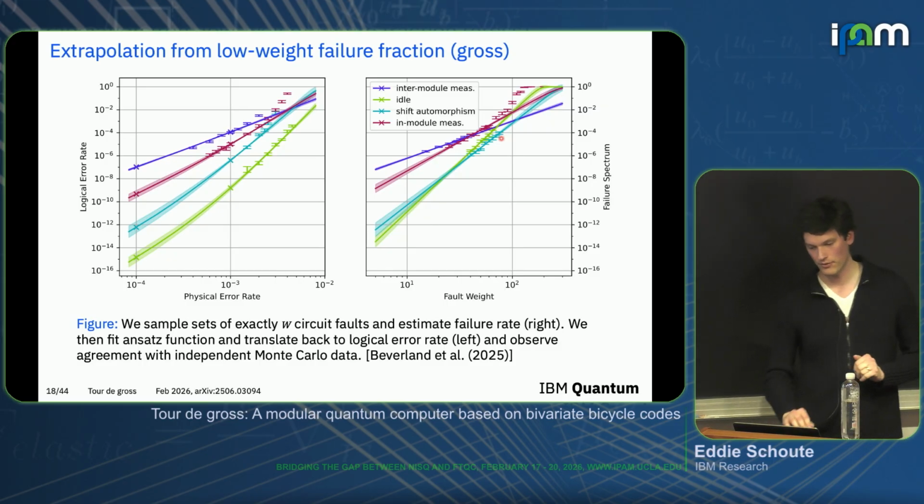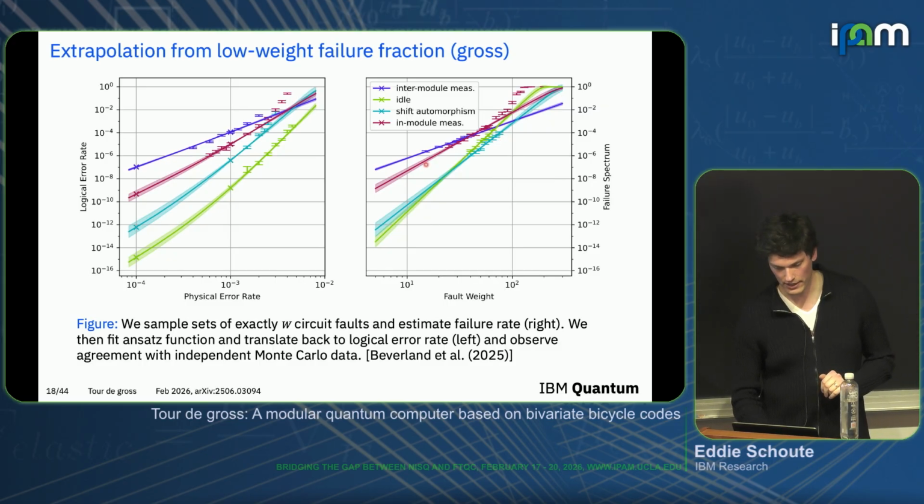And through a certain ansatz function, we can fit this function here and map this back into a logical error rate. And then we can check from Monte Carlo sampling that this actually corresponds to the error rates that we get from the sampling. And now we can just read off for our p-values what the logical error rates are.